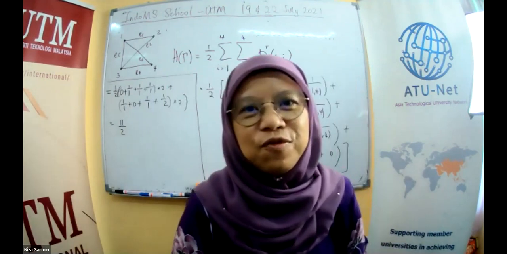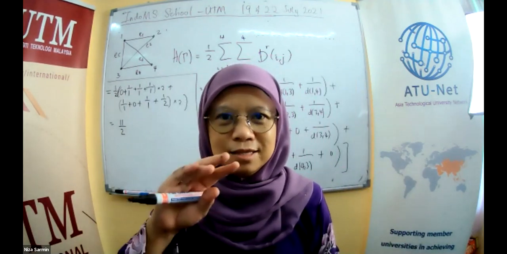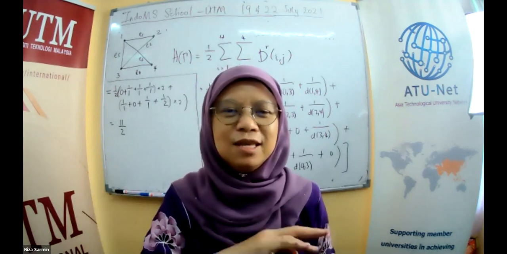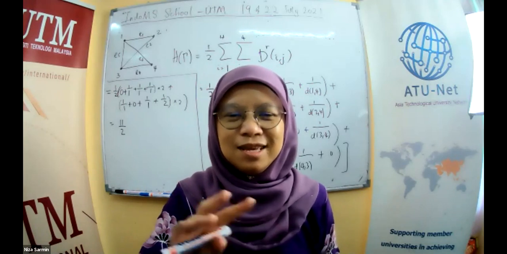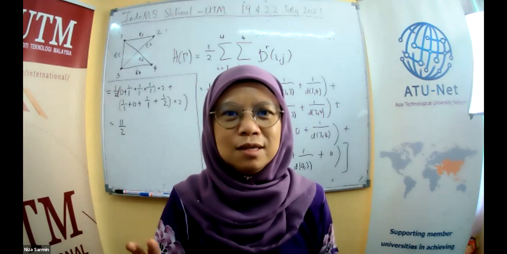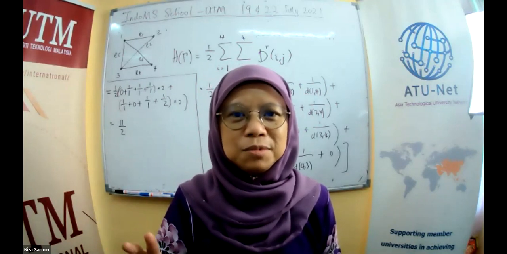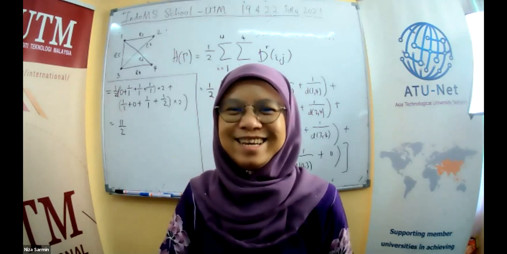Now we have to find the Harari index of the graphs of the three groups. In this lecture, we have found 3 times 3, 9 indices. Wow, that is so many results.